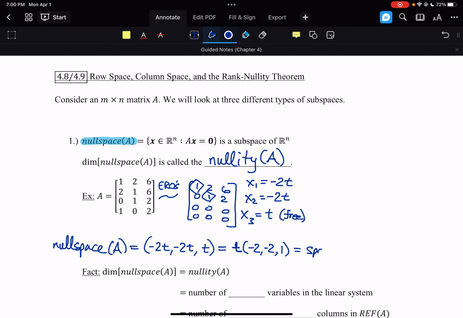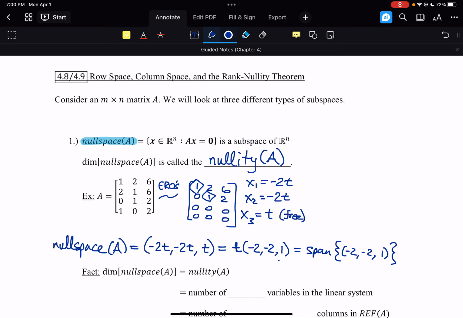And this is going to be the span of the vector negative 2, negative 2, 1. In other words, any linear combination of this vector, so any multiple of this vector, results in an element of the null space of A. It is a solution set to this system of equations when set all equal to zeros.